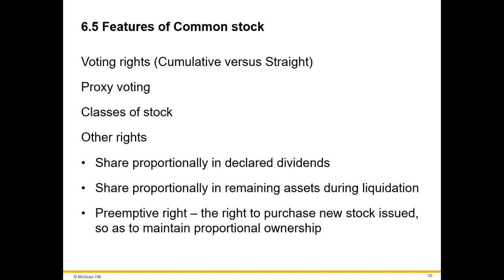So you are a 50% shareholder. You own 100 of the 200 that have been sold. The company wants to sell more stock. They want to sell another 100 shares. So that afterwards, there will now be 300 shares outstanding, or 300 shares sold.